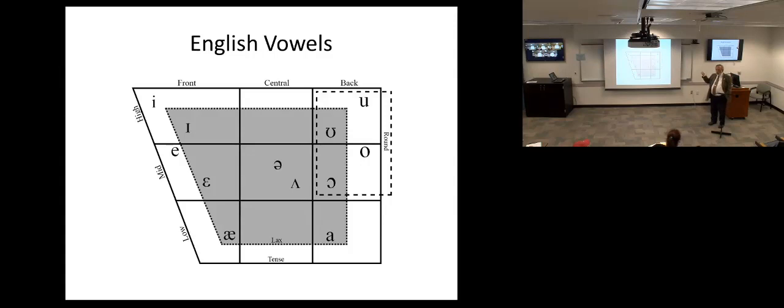So always refer to them by the sound. If you've learned a language like Spanish, French, Italian, German, whatever, a continental European language, think of them as the vowels of the continental European languages, and you'll do fine.